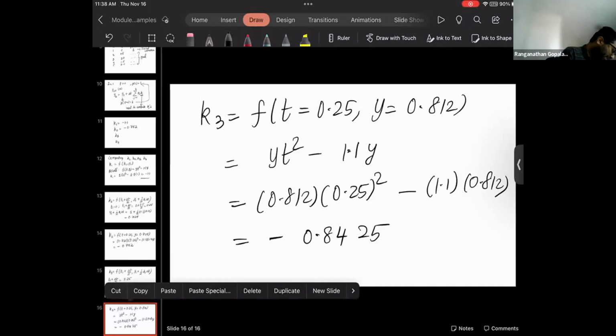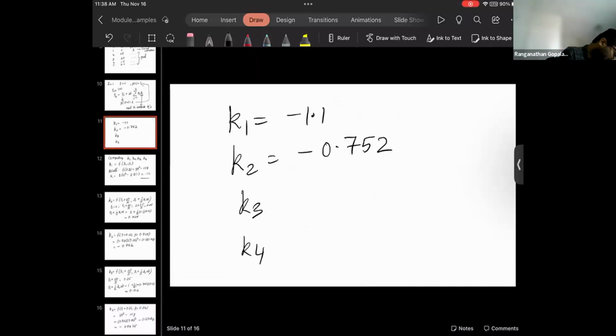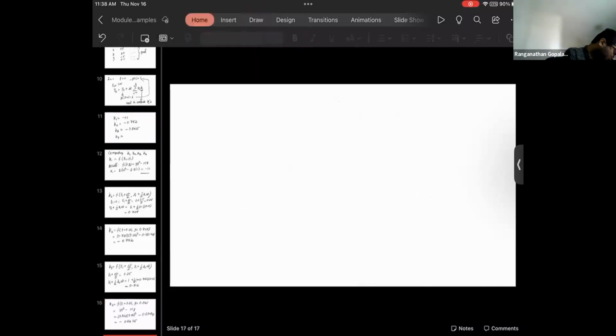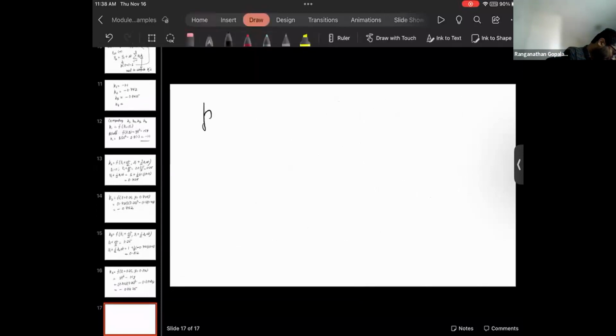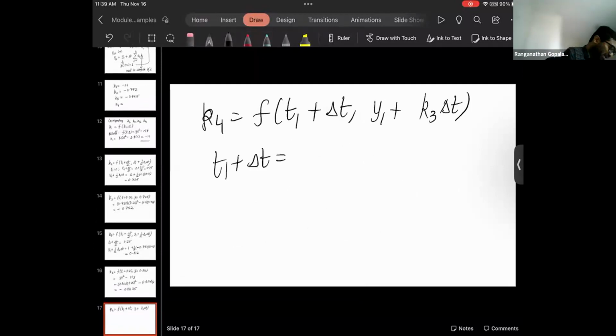Anyway, that's K3. Let's go back and put it down, minus 0.8425. And then K4. Remember, K4 is the function evaluated at t1 plus delta t and y1 plus k3 times delta t. T1 plus delta t is easy. That is 0 plus 0.5 equal to 0.5. Y1 plus k3 delta t. What is y1?